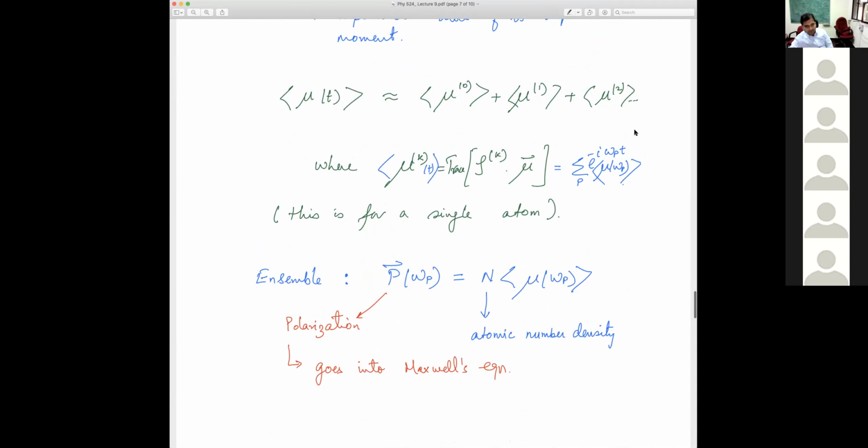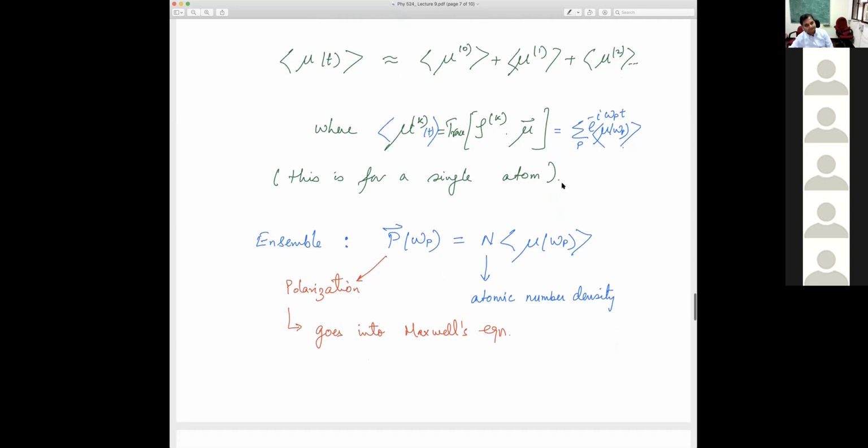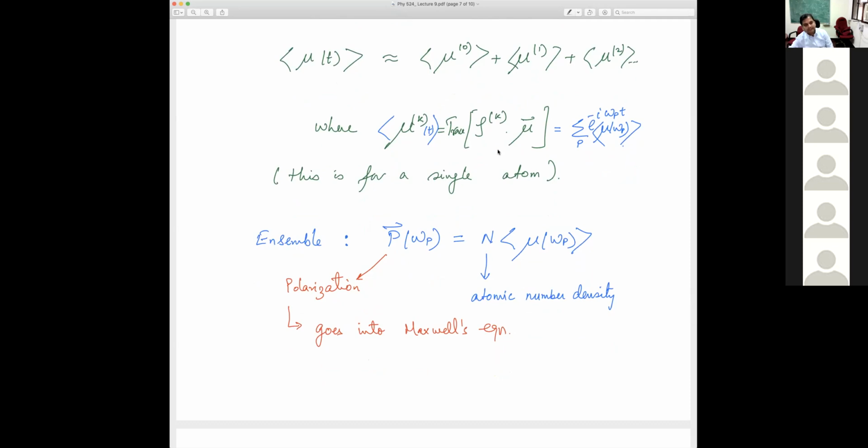And broadly, since the matrix operator corresponding to mu is just based on the properties of the material, it doesn't have any power of the electric field. So the whole power comes from the power of the density matrix in the electric field, basically. Okay, so this was the definition of the kth power of the dipole matrix element for the atom.